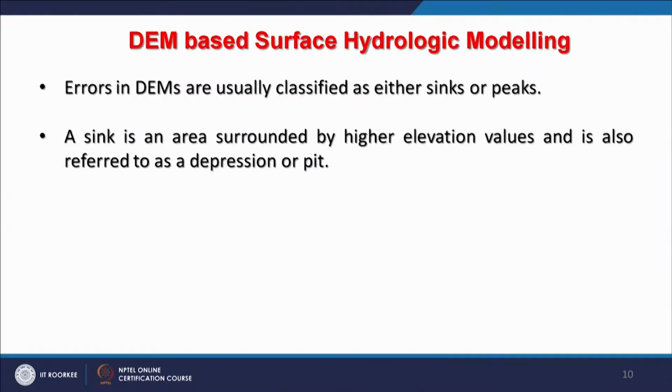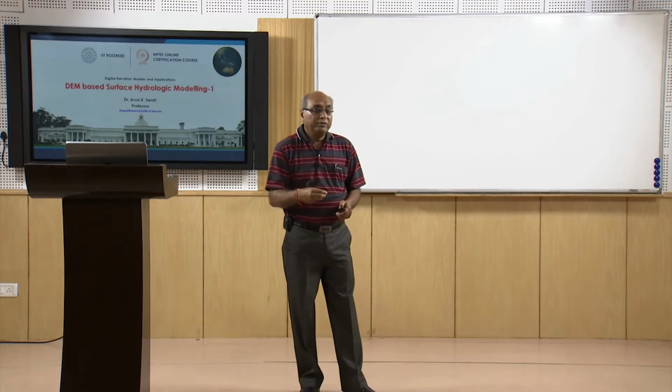As you know, the errors in DEMs can usually be classified as sinks, depressions, or maybe peaks, but for a very small area, maybe one cell size or two cell sizes, not more than that. So we consider them as sinks, identify them in the very first few steps, and then fill those sinks using the surrounding values so that the water can flow throughout the drainage system.